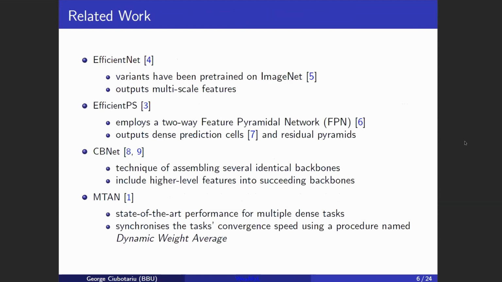So as related work, what we have here is the EfficientNet, which is the backbone we are going to use, and also the efficient panoptic segmentation network that I showed you earlier uses this EfficientNet backbone. This allows us to use pre-trained and pyramidal features that are extracted by the backbone.